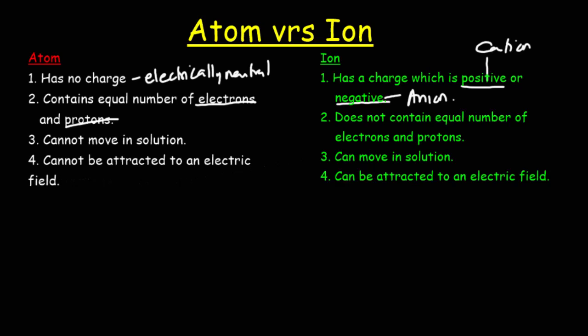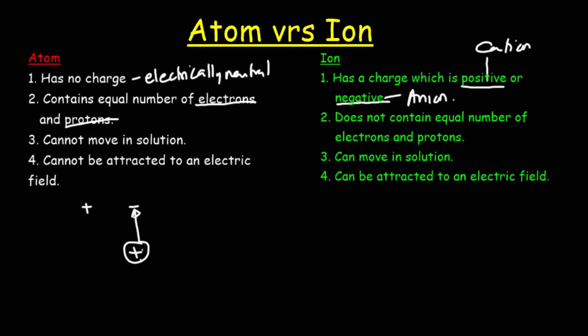The fourth difference is that an atom cannot be attracted to an electric field. Now, what is an electric field? An electric field is simply a field containing positive and negative plates. Any positive substance that is coming will be attracted to the negative part of the electric field because opposite charges attract and like charges repel.